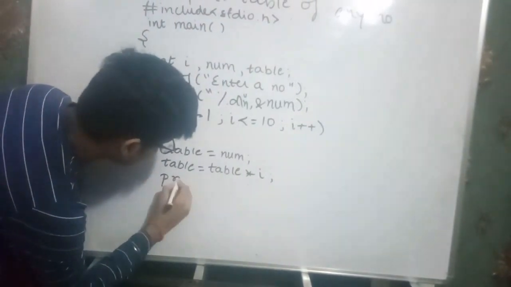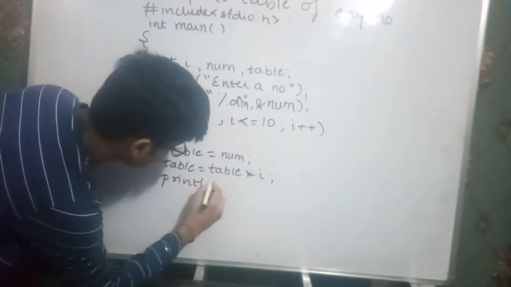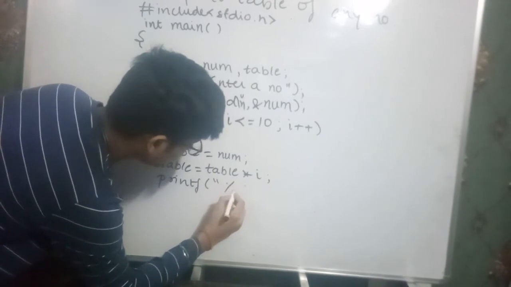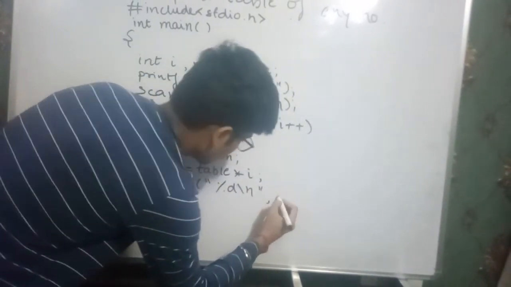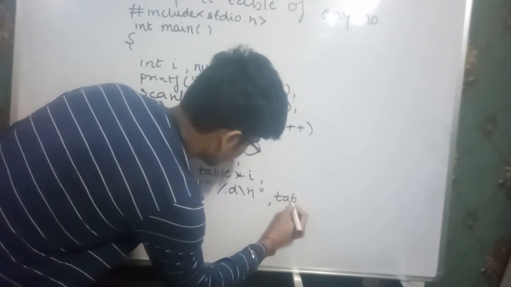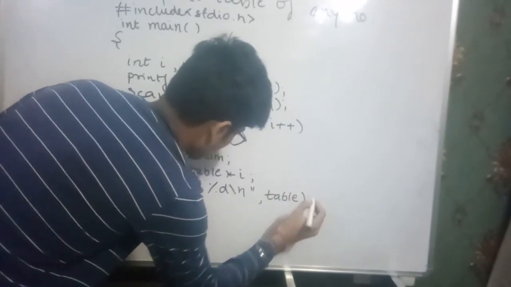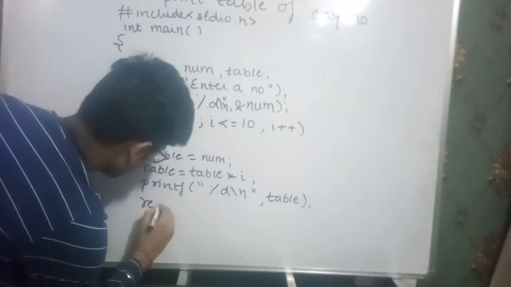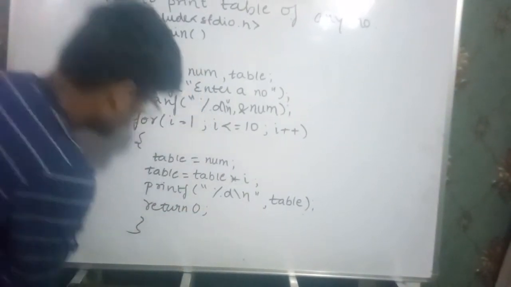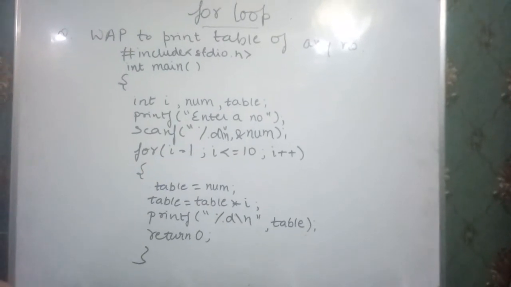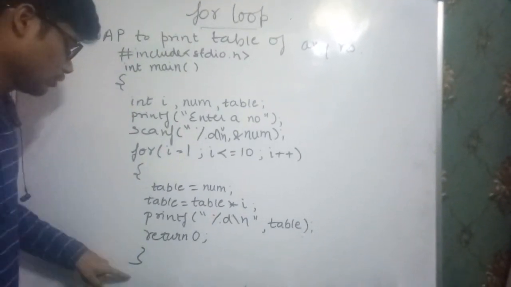Now we are doing printf "%d\n", table, return 0, and we are closing the loop.